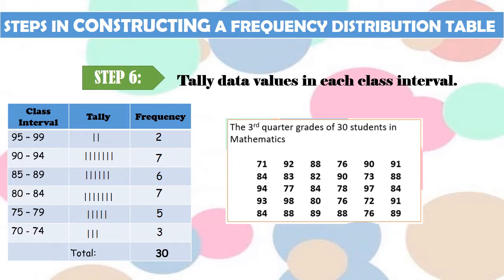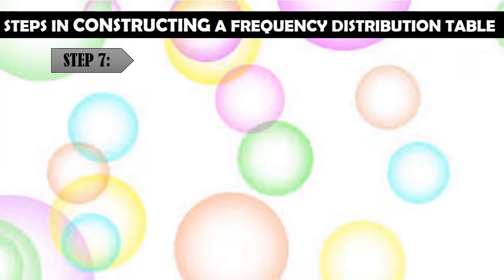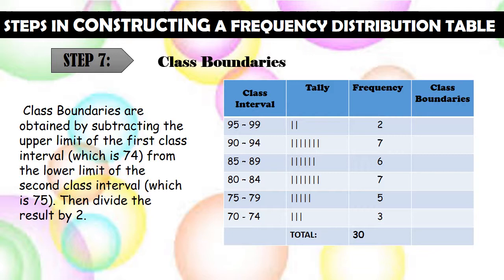The next is to make additional columns for the other information needed. The other information needed is the class boundaries. Class boundaries are obtained by subtracting the upper limit of the first class interval, which is 74, from the lower limit of the second class interval, which is 75. Then divide the result by 2, so we have 0.5.